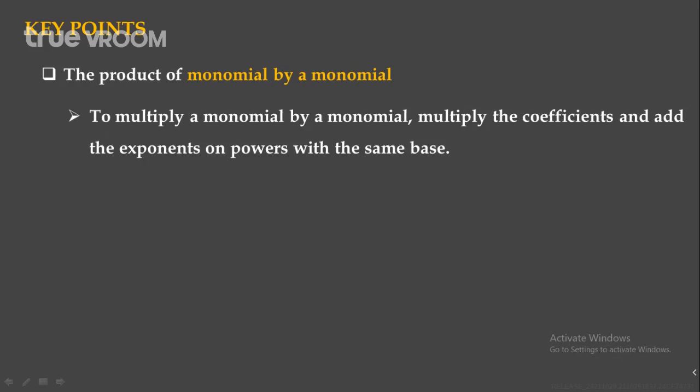To multiply a monomial by a monomial, multiply the coefficients and add the exponents on powers with the same base. All right.